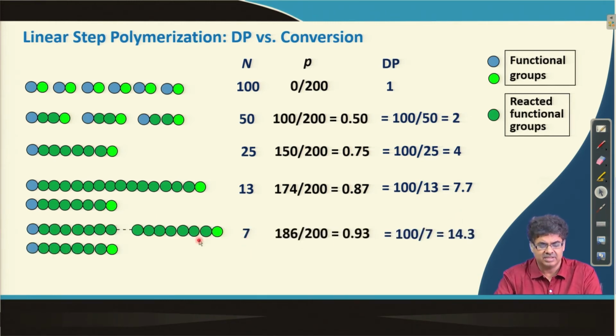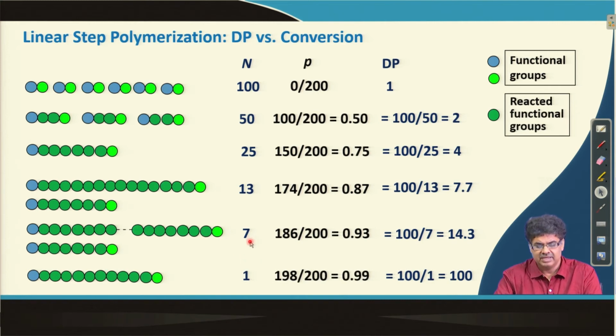If we just proceed, when every molecule has reacted with each other, two unreacted functional groups remain, so 198 functional groups reacted. So, P is 0.99 and the number of structural units in this molecule is 100, so degree of polymerization is 100.